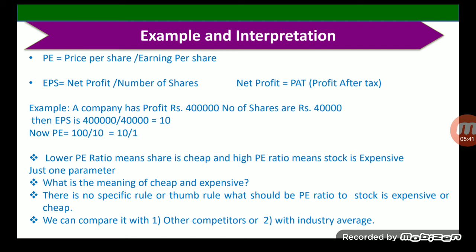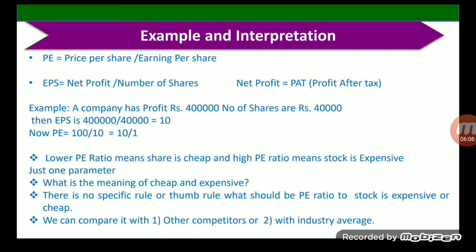So the earning per share is 10. Now suppose the share price of the company is 100, and if we divide it by the earning per share, that is 10, then we get the ratio 10 divided by 1. So what is the meaning of this?